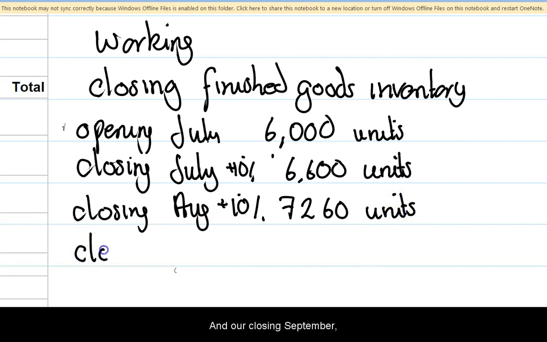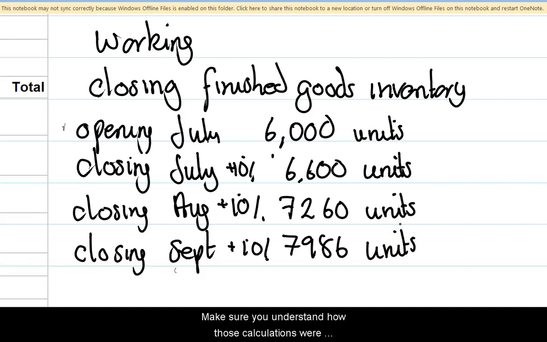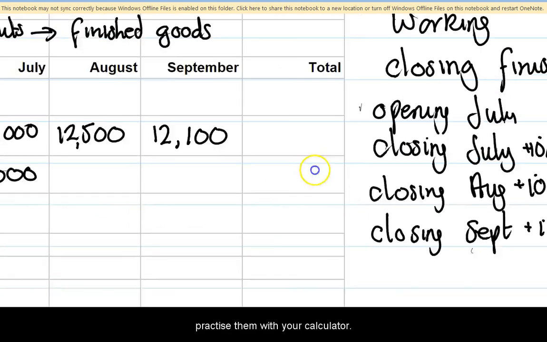And our closing September, we're going to add another 10%, and that will give us 7,986 units. Make sure you understand how those calculations were made. Please practice them with your calculator.